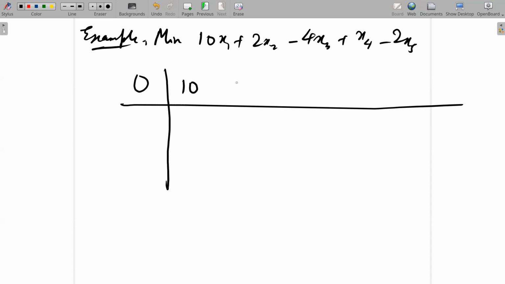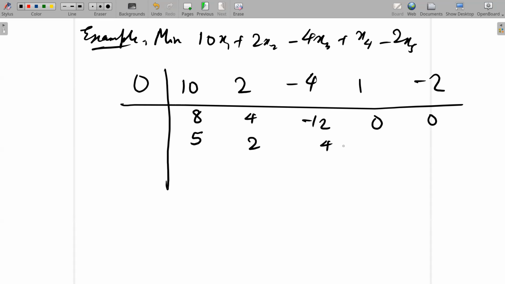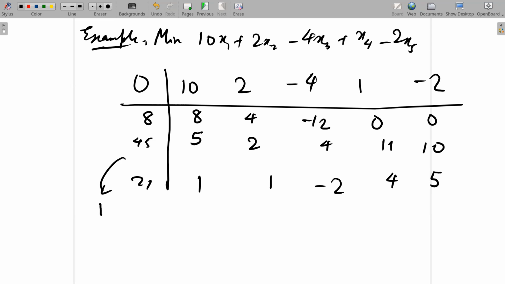Anyway, the cost function has to be 10, 2, minus 4, 1, minus 2. And let's say the matrix is 8, 4, minus 12, 0, 0. So this is the matrix A. So 5, 2, 4, 11, 10, 1, 1, minus 2, 4, 5, and 8, 45, 21. So this is the vector B.